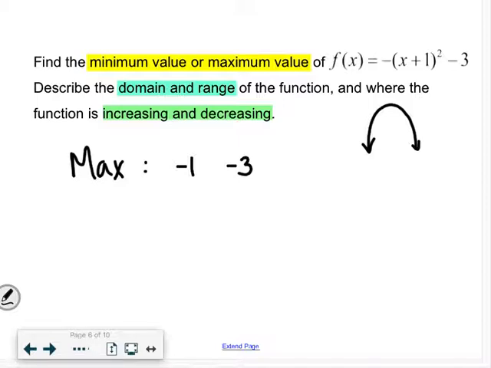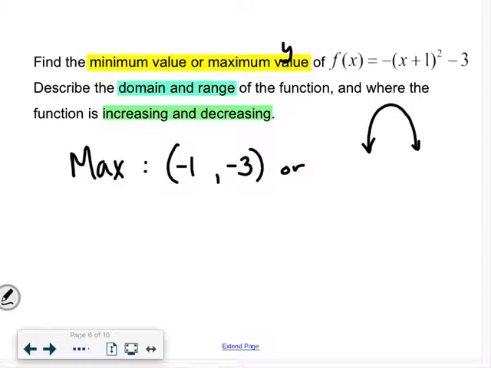So I guess this is kind of a trick question here. Where is the maximum point happening? At the vertex, right? Okay, so if it's asking find the minimum or maximum value, do they mean the ordered pair? You could write -1, -3, or the maximum value of the function would be your max y value.